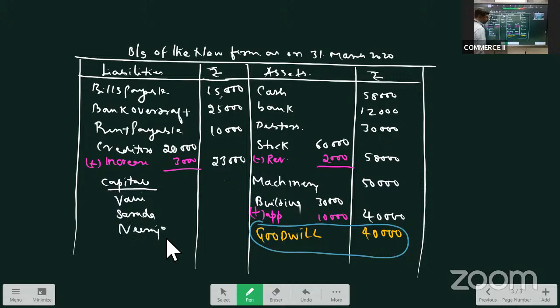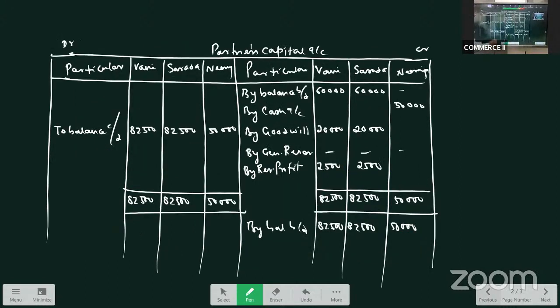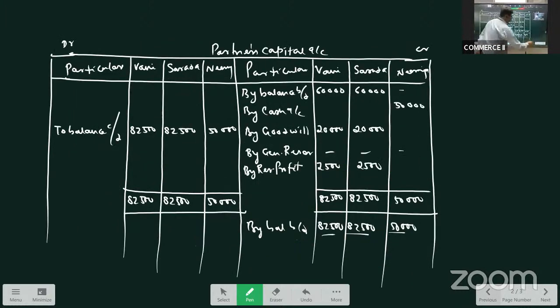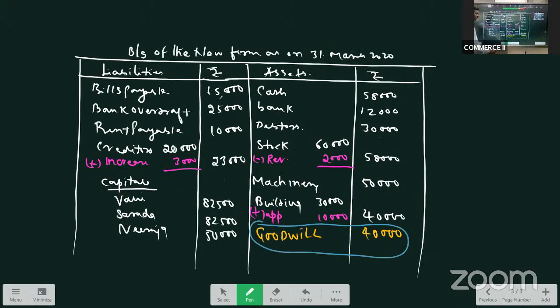What capitals will we take? We'll take those figures which we have arrived at after doing all the adjustments. Vani's capital is 82,500. Sarada's is 82,500. And Neeraja's is 50,000. Is it correct? Yeah, 82, 82, and 50. Sorry, I told 85.